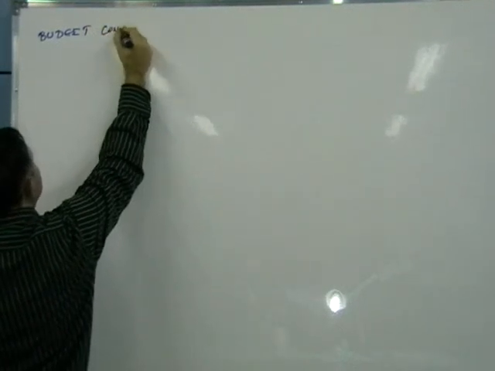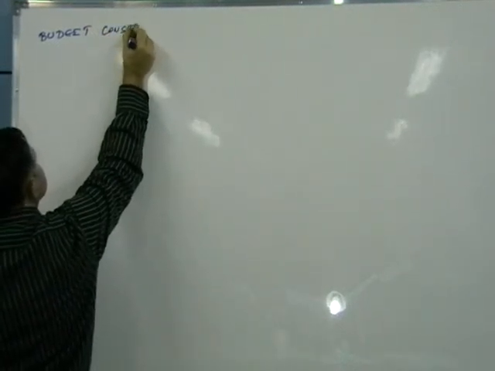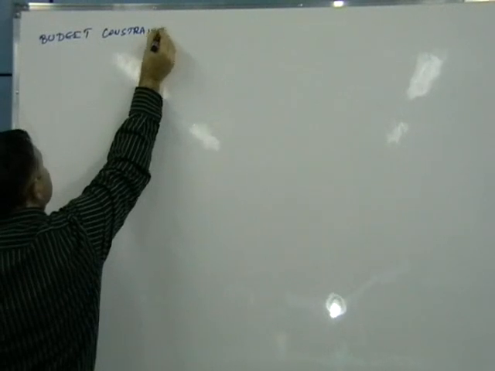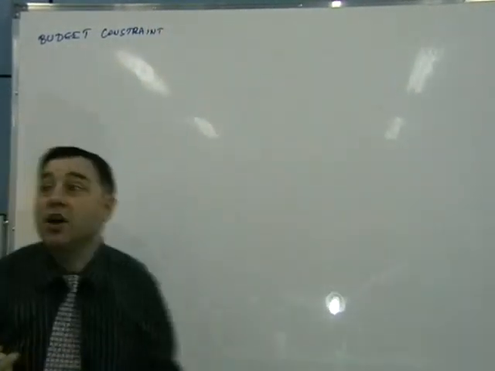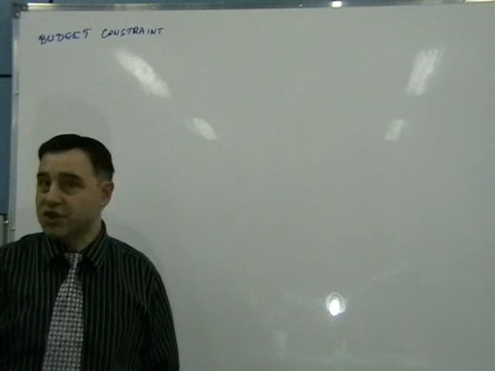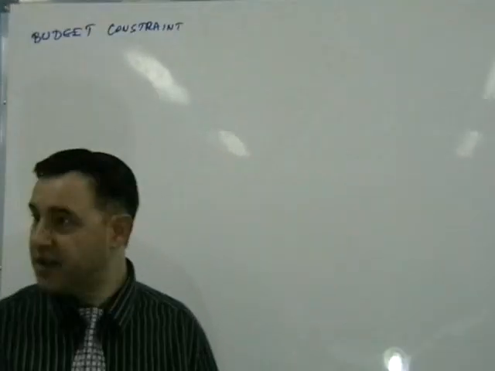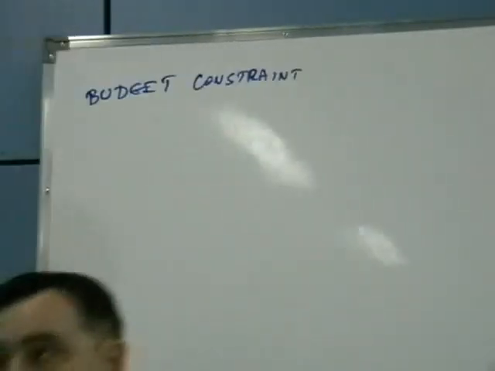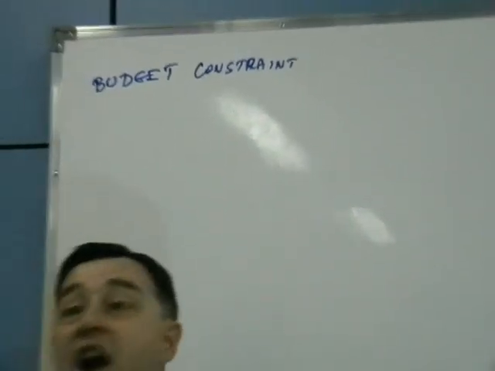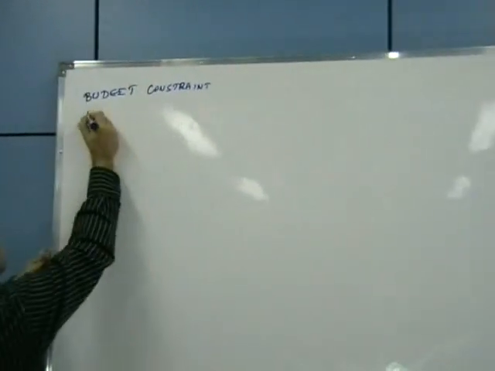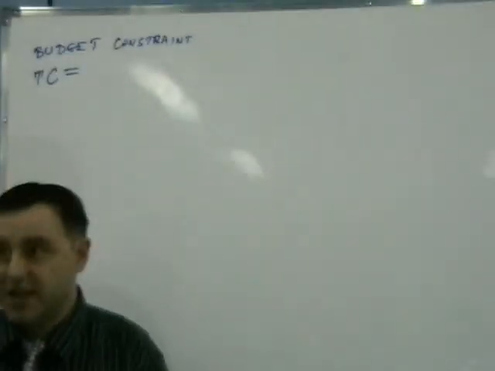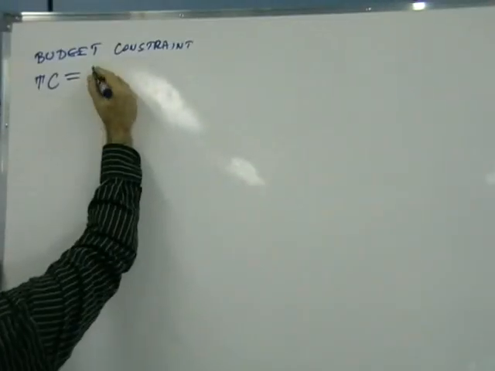In the budget constraint, the budget constraint itself is a constraint imposed by business reality on the total cost or the total expenditure of a business. So sometimes we can just say that total cost equals, simply because this is the budget that we have, total cost equals what?